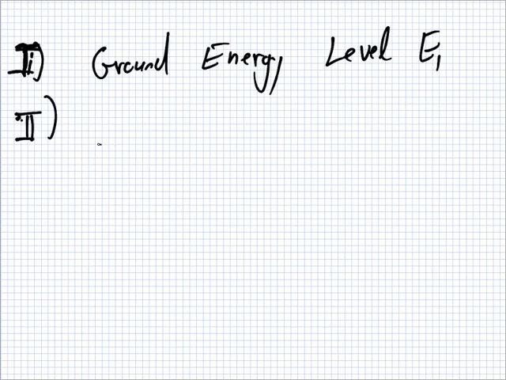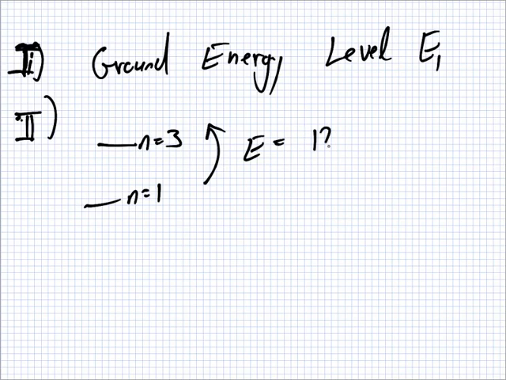Right, so when we go from energy state 3 to energy state 1, there is some energy change. How much is the energy change here from 3 to 1? There's 12.07 electron volts lost when the electron goes from 3 to 1.